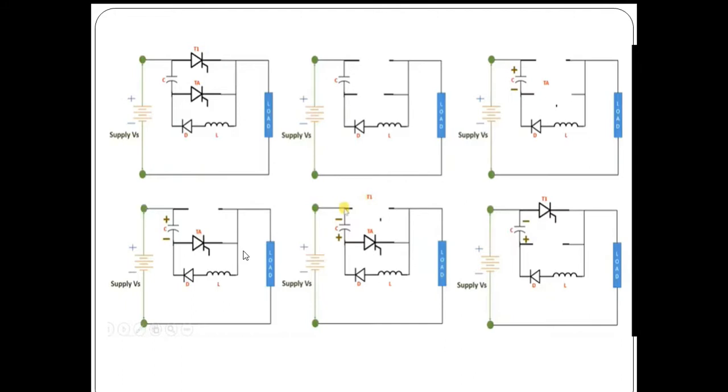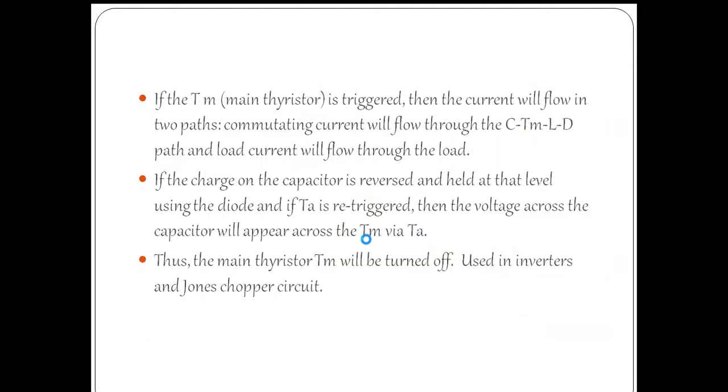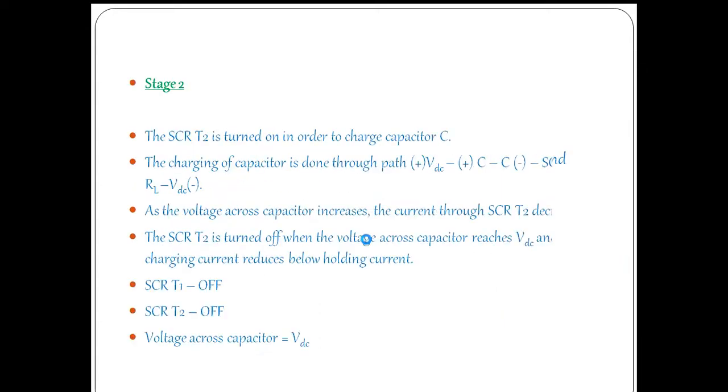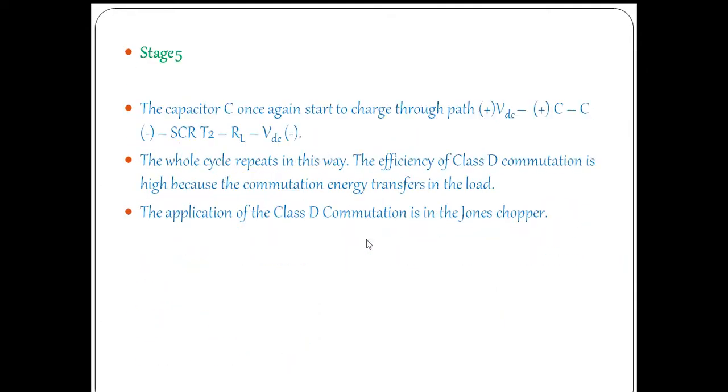And again, the capacitor will charge in this closed path. We are applying the voltage across the capacitor in a reverse direction by using auxiliary thyristor. That's why we are calling it voltage commutation technique.